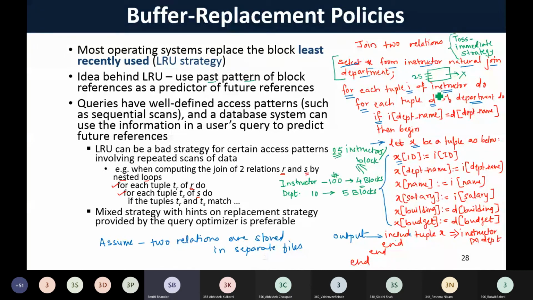Whenever we are processing an individual tuple of instructor, see here, our assumption is we have 5 blocks utilized by the department relation. So for every tuple of the instructor relation, all those 5 department blocks need to be processed.